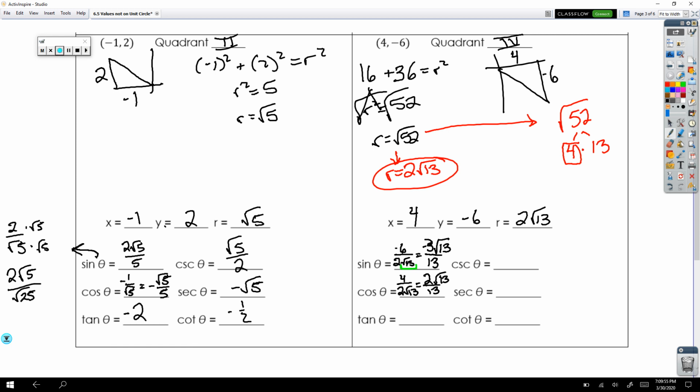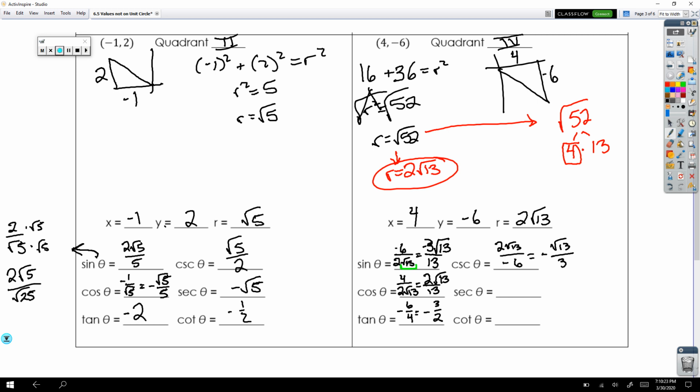Tangent, cotangent again are nice and easy here. Y over x would be negative 6 over 4, but that simplifies and gives me negative 3 halves. Cosecant r over y, so 2 root 13 over negative 6. Simplify all that, so we would have negative root 13 all over 3.